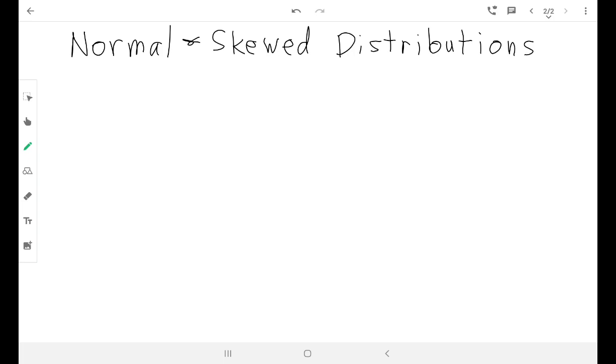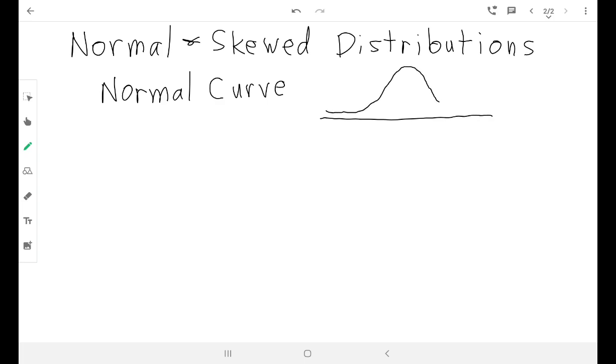Okay, so a normal curve, and you have seen this before, and you've seen it recently in something very important, and we'll talk about that in just a second. Let me show you what it is first. A normal curve looks like that.